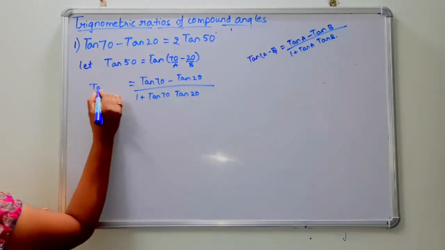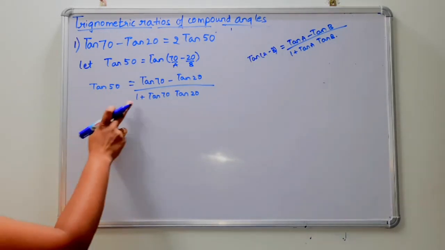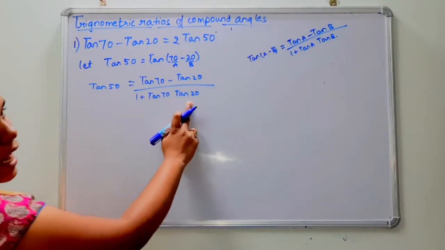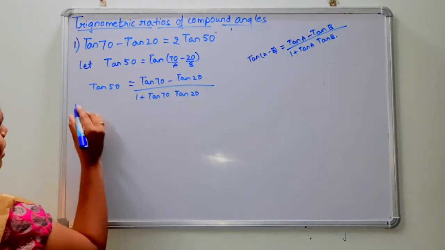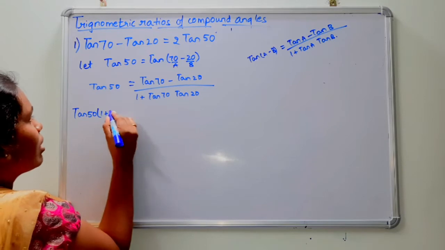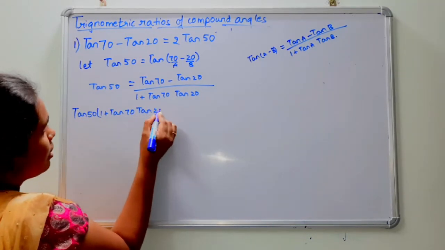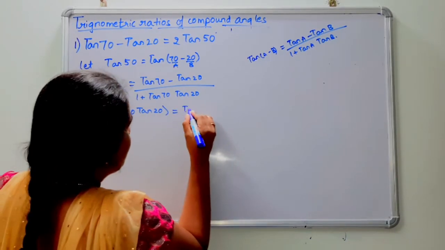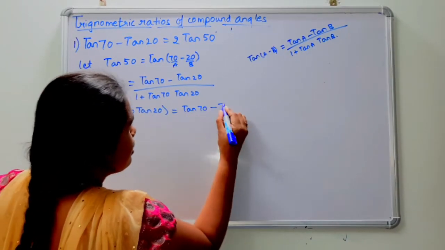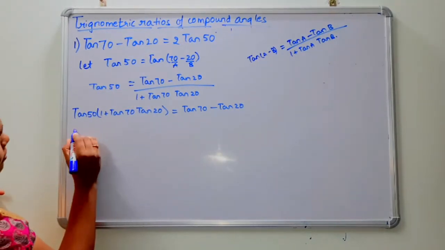Here it will be tan 50. So send this 1 plus tan 70 into tan 20 to the left hand side. Then tan 50 into (1 plus tan 70 tan 20) is equal to tan 70 minus tan 20.